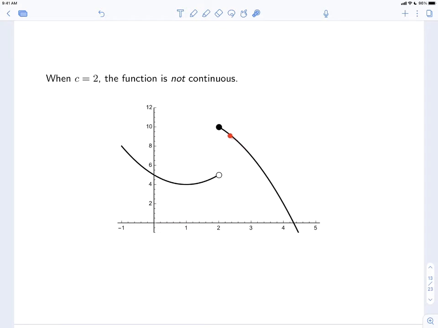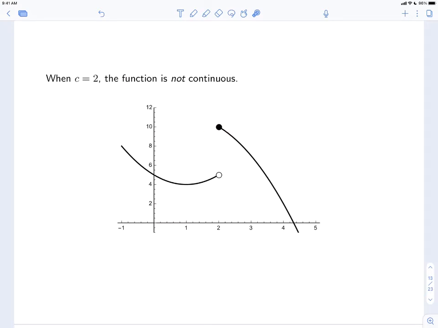However, it is right continuous. It's right continuous because the limit from the right actually attains the value that the function is equal to. On the left, the limit does exist, but the function does not attain that value. It attains this value, whatever that happens to be.